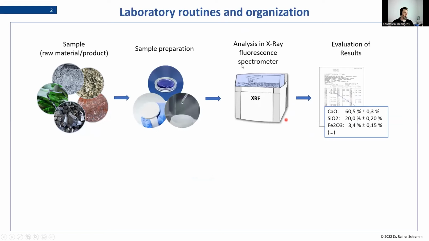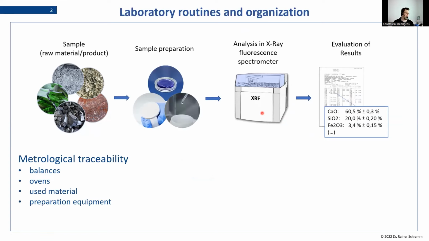You might have already seen this one in one of the previous presentations. We like to go through it step by step, starting with the sample side of our analysis. In this case, our topics will be the equipment, and a big point here is metrological traceability. We'll talk a bit about sample preparation.